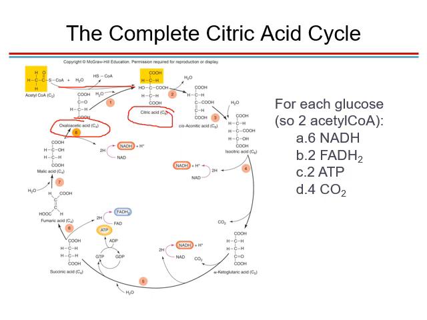All right, so you can see all these intermediate steps along the way, but what you need to know from these steps is, okay, for each glucose, we formed 6 molecules of NADH, or reduced 6 molecules of NAD, reduced 2 molecules of FAD, produced 2 ATP, and also produced 4 CO2 molecules.